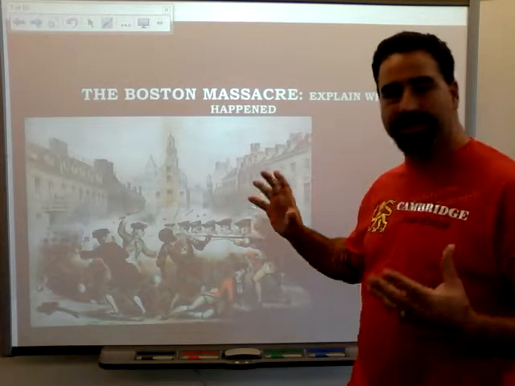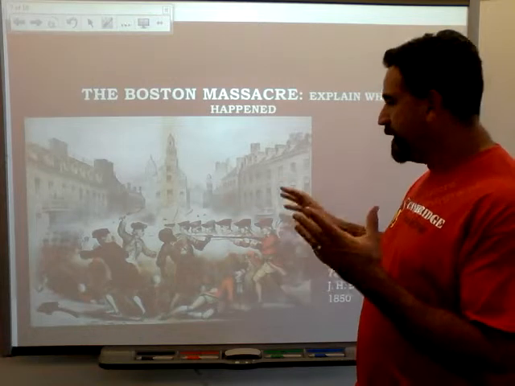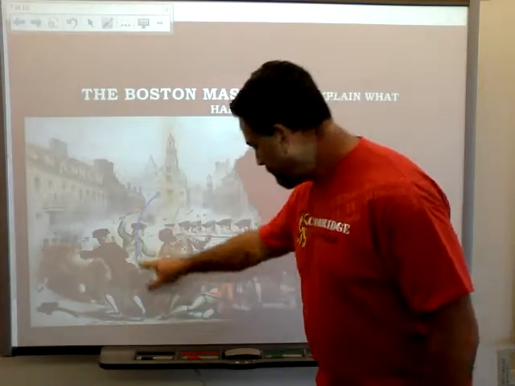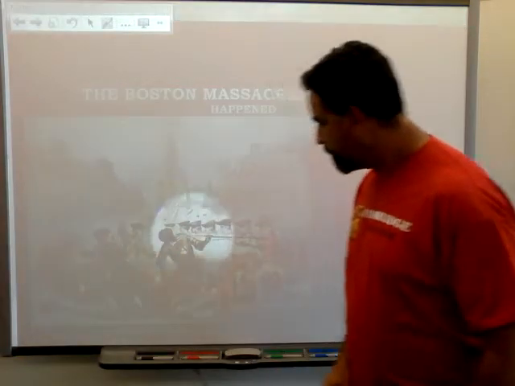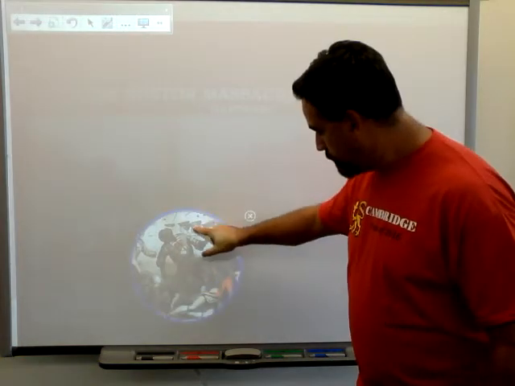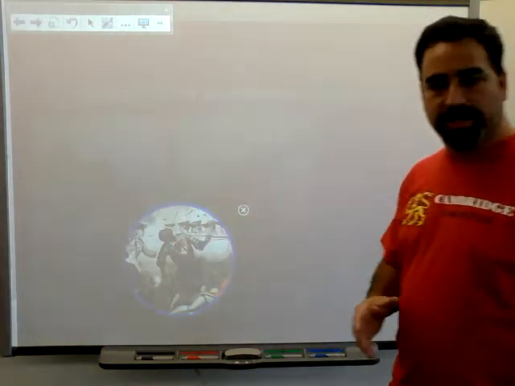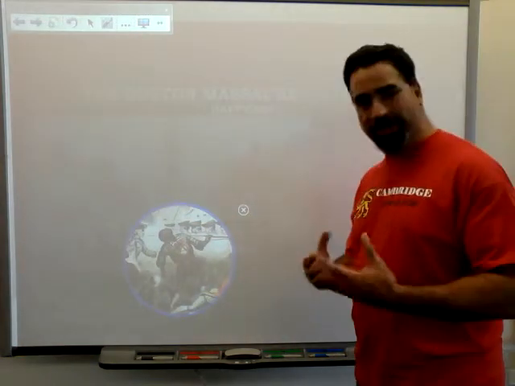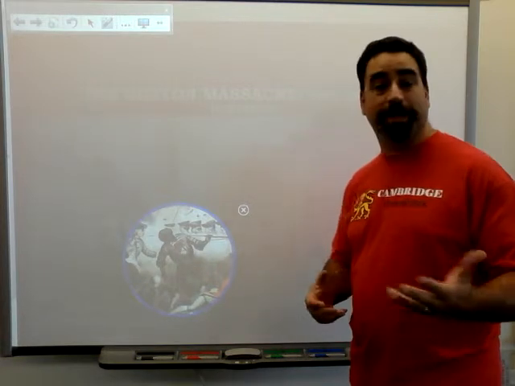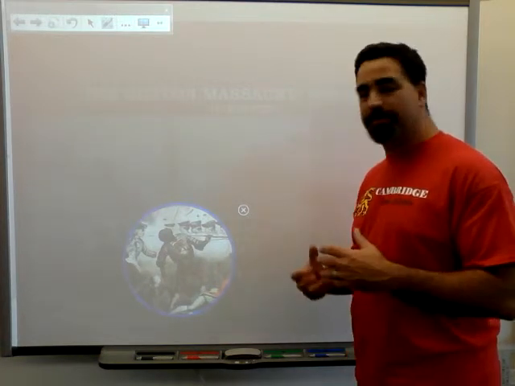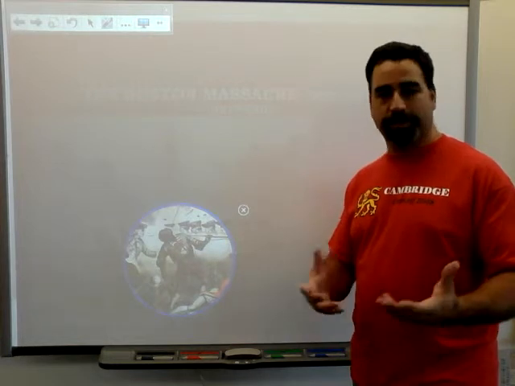Of course, who is center stage of this image? Right, Crispus Attucks is the central person here. So what was going on in 1850? And as we know, 1850 was the height of the slavery debate.